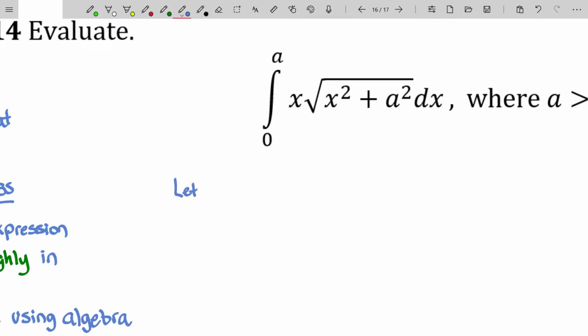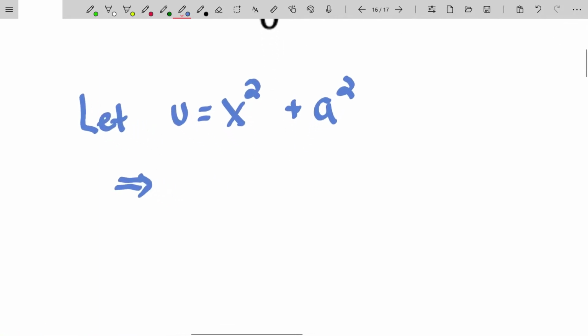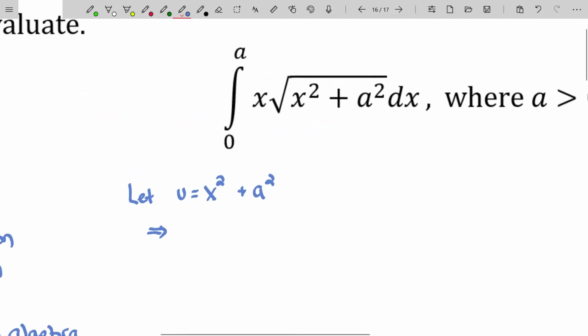Let u equal x squared plus a squared. This would imply this in blue here. What I'm doing is transforming everything into the world of u. Now I want to know what dx is in terms of u's.